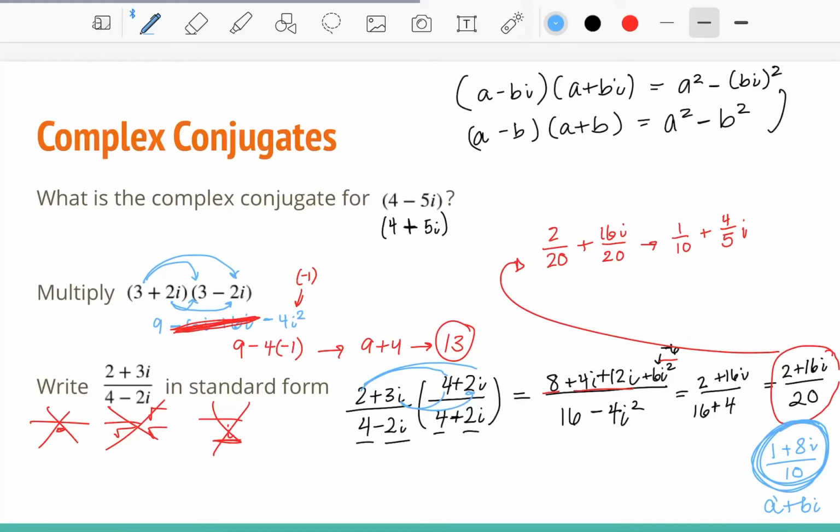We need that a to be a complete number and this bi to be a complete separate part if we want standard form. So in standard form, this 1/10 would be our a, plus 4/5 would be our b, and our i is here at the end. This is acceptable in your work and when you see simplified form, but when we talk about standard form, you need to split the real and the imaginary parts. All right.